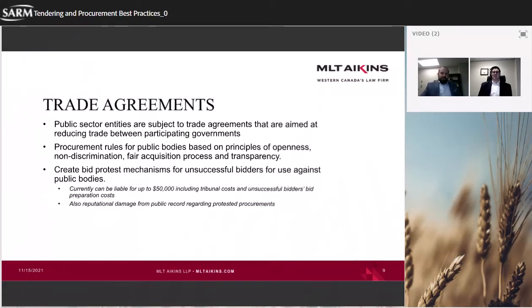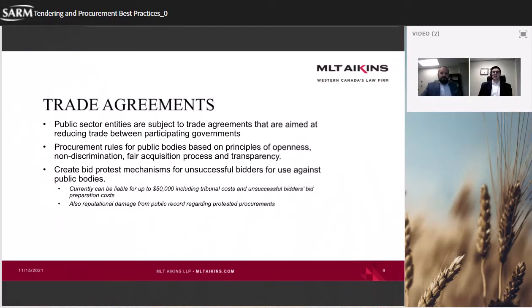And they're based on openness, non-discrimination, fair processes and transparency. And the current model is to create some protest mechanisms inside those agreements for unsuccessful bidders to use against public bodies like rural municipalities.